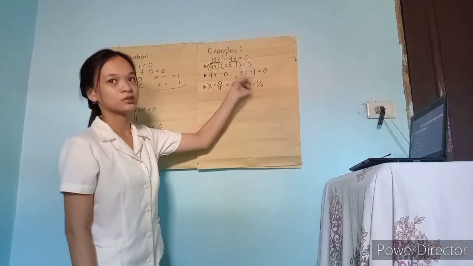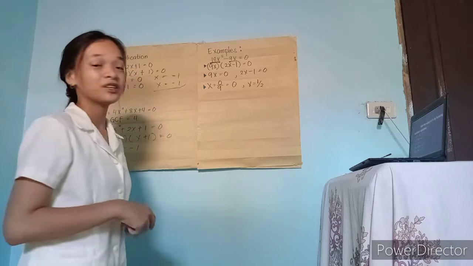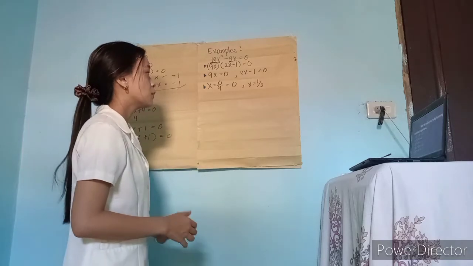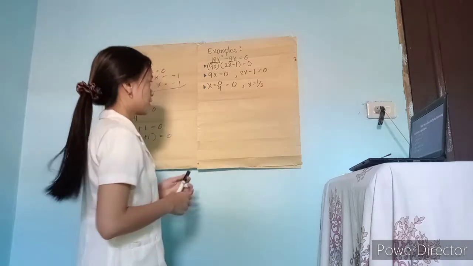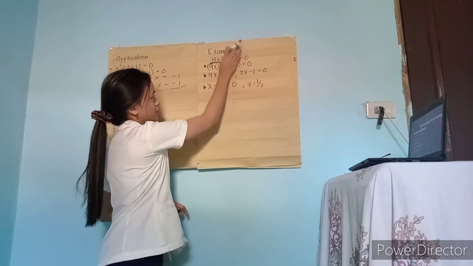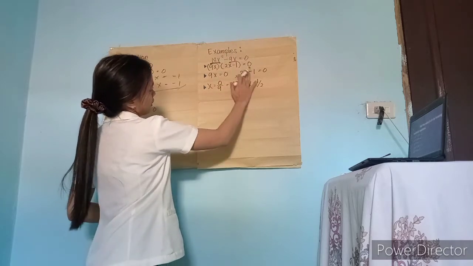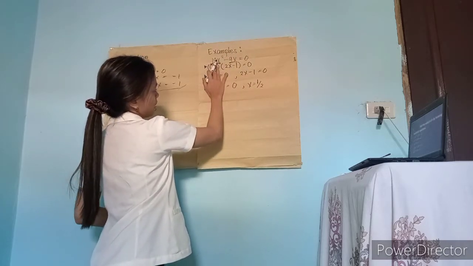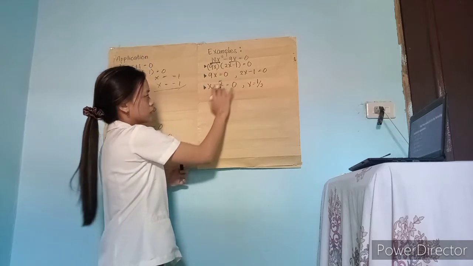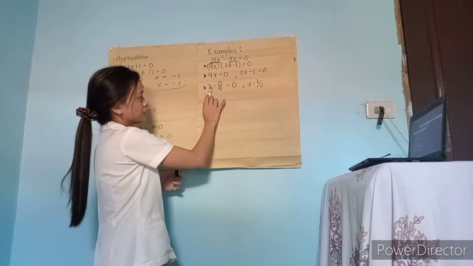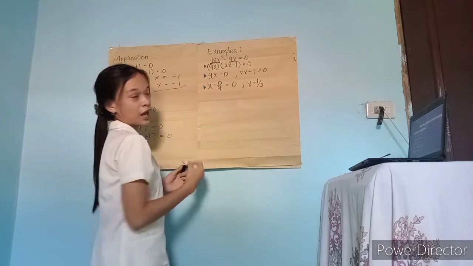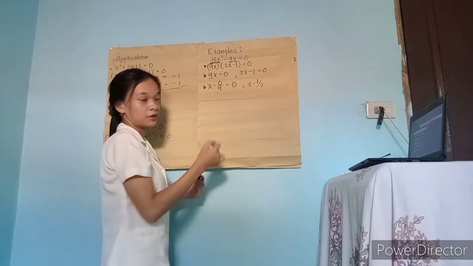So, equal to 0. After that, we are going to use the zero product property. So we have 9x is equal to 0, and 2x minus 1 is equal to 0. In the first, 9x is equal to 0, so x is 0 divided by 9, and 0 over 9 is equal to 0.